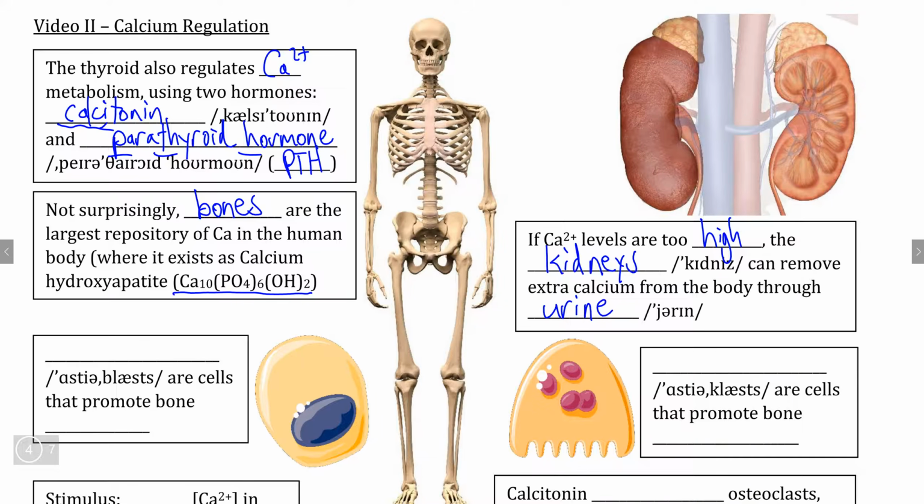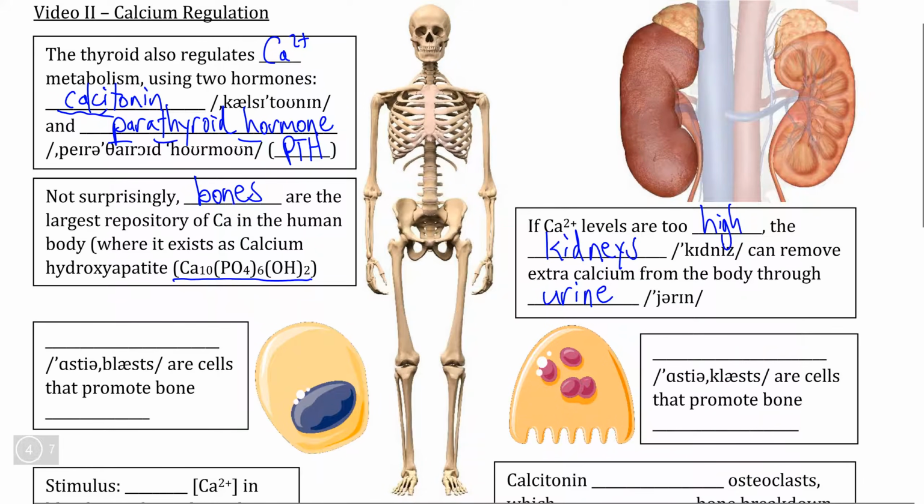Now, before we talk about the effects of calcitonin and parathyroid hormone, we need to do a little bit of a preview in terms of looking at human bones. One common misunderstanding of human bones is that they are relatively inflexible and don't change, which is actually untrue.